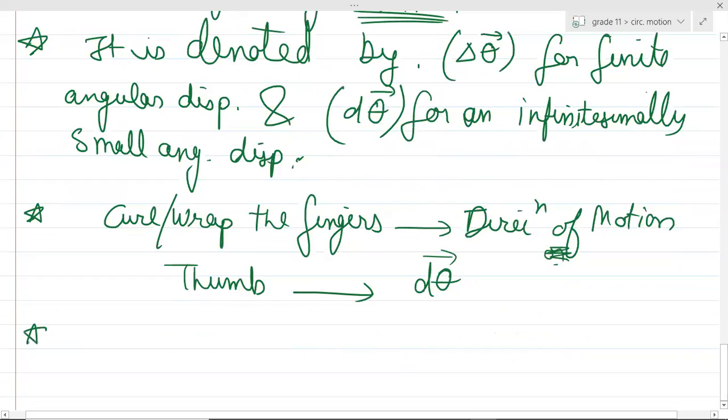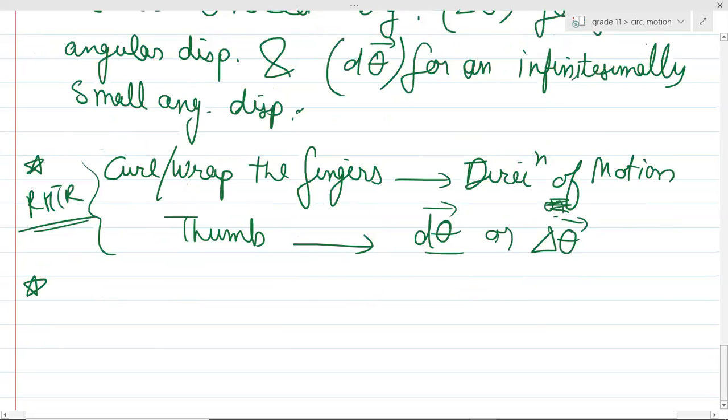So suppose we are applying the right hand thumb rule. You need to curl the fingers in such a way that the fingers move or rotate in the direction of motion. Then the thumb points in the direction of d theta or delta theta depending upon whatever is given.